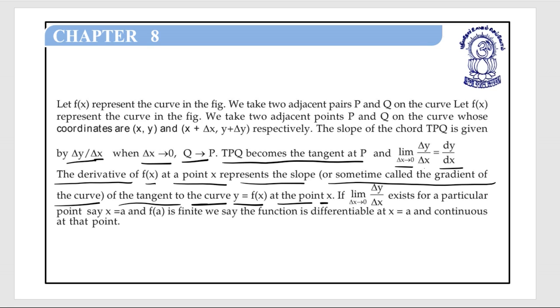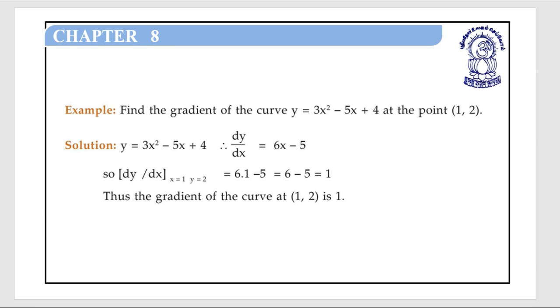At the point x, if limit delta x tends to 0, del y by del x exists for a particular point, say x is equal to a, and f of a is finite, we say the function is differentiable at x is equal to a and continuous at that point.